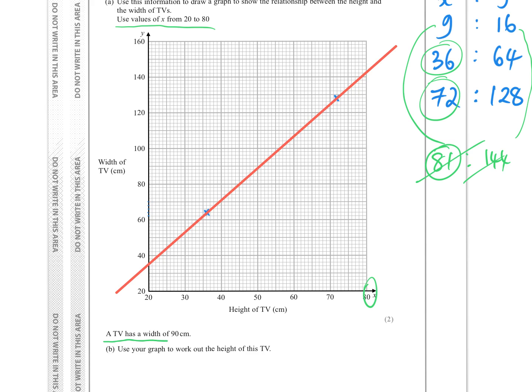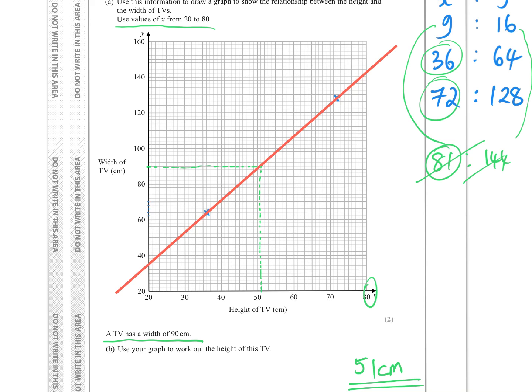A TV has a width of 90 centimetres. So here's 90 here. Use your ruler. So if you look at 90, use your ruler and then go along, and I would say around here, I would say 51 centimetres would be my answer there.